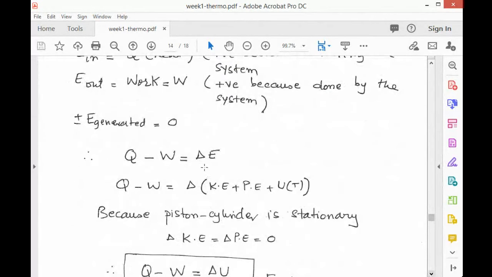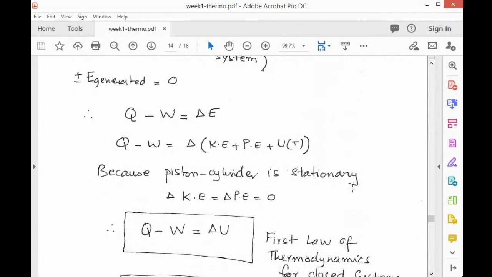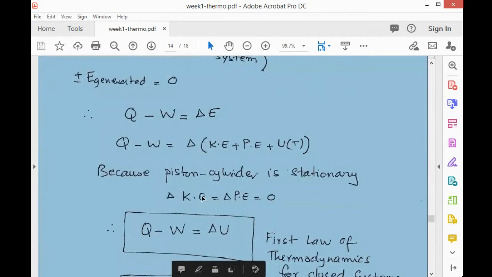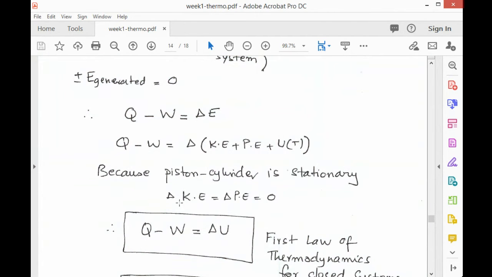Now the energy of the system is the sum of kinetic energy plus potential energy plus internal energy. Because the system is not moving, the cylinder is not moving, it is there already, the velocity is zero, so the kinetic energy, half v squared, change is almost zero. Similarly, the potential energy change is zero.